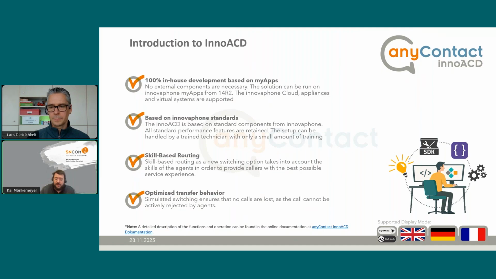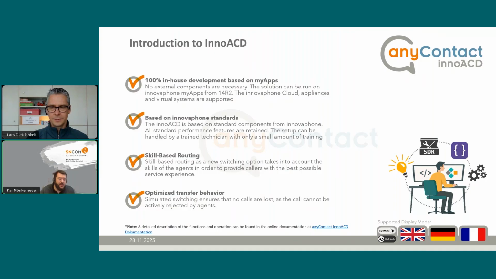We are using innovaphone standards where possible, so you won't lose any innovaphone standard features, and all your beloved features will be available for anyContact innoACD, and you can have all the apps you have in innovaphone standard present with anyContact innoACD. What we will do is add functionality on top of it.